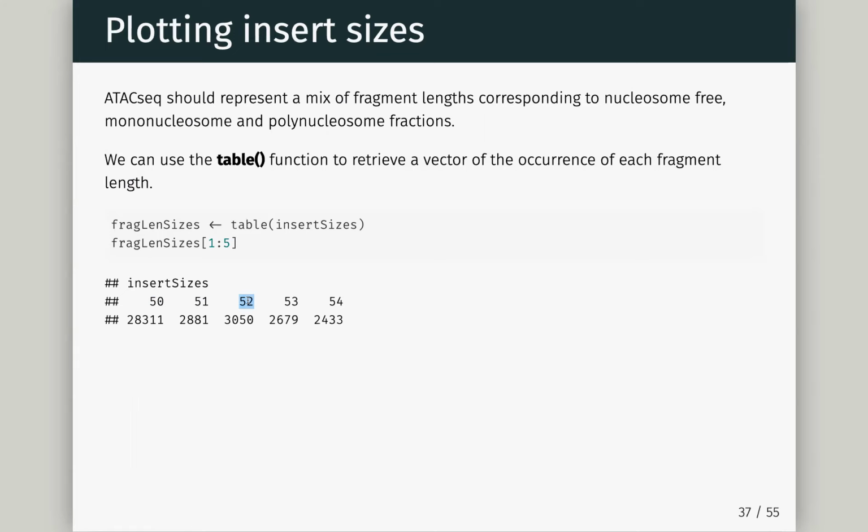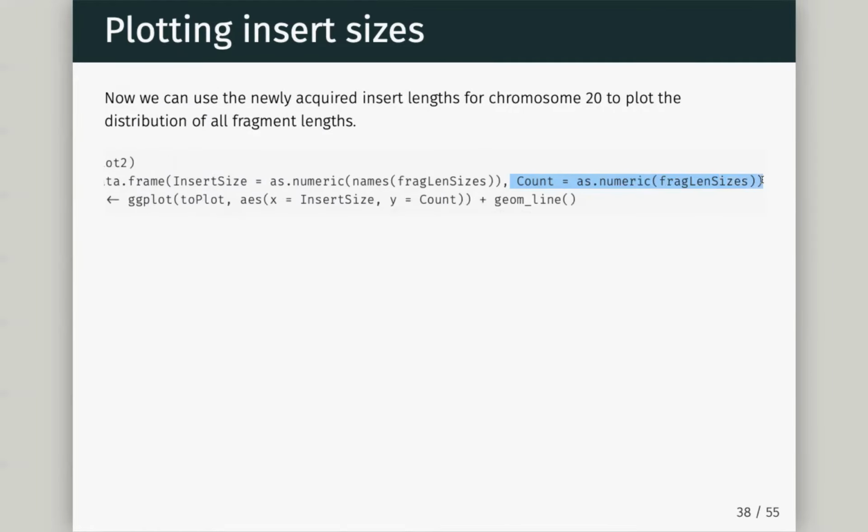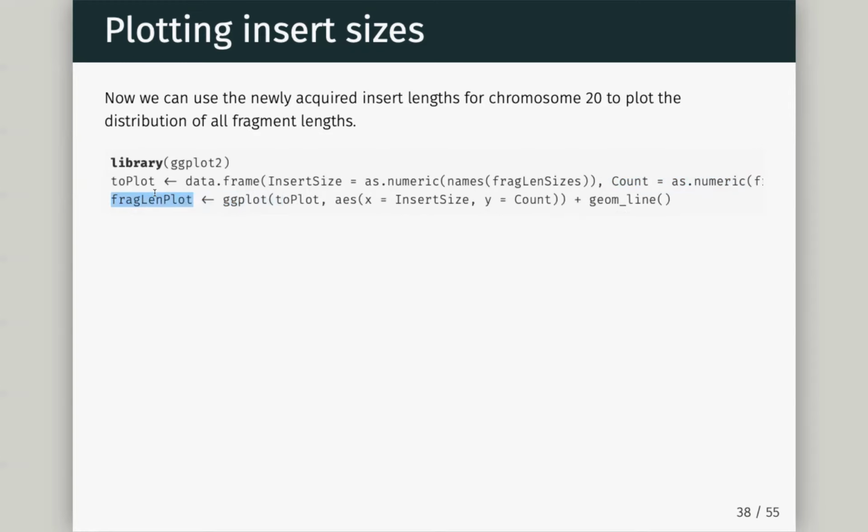You can't have integer or numeric names. So we have to convert that, and give the count, just to be sure I'm making that numeric too. And then I'll pass that to ggplot, where I will have the X being the insert size, so longer insert sizes going across the X, and the frequency of the different insert sizes on the Y.